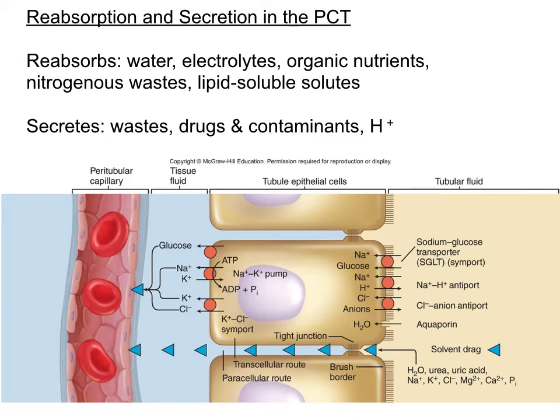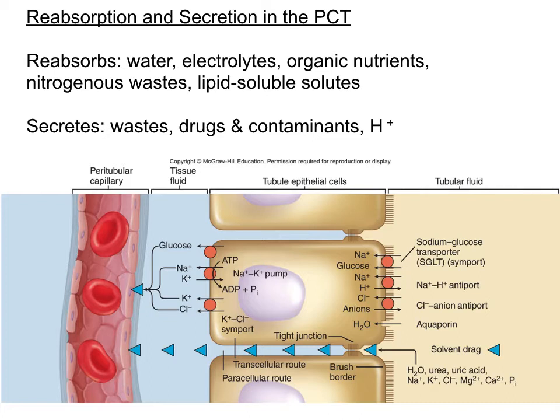With regards to electrolytes, this could be a full module unto itself if you get into all of the different electrolytes that are filtered in the renal corpuscle. We're just going to hit some of the big ones. For example, sodium. Sodium reabsorption is actually key for everything else that is going to be reabsorbed in the PCT.